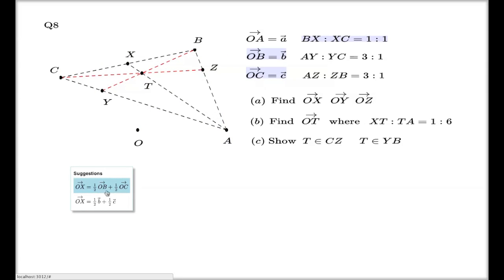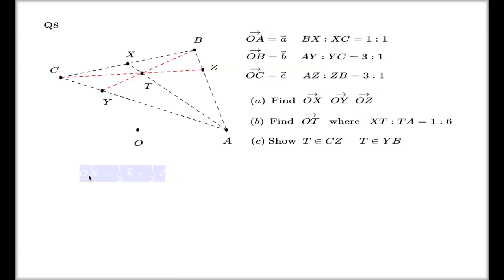Here it is. That's the relation, either in the longer form or in the shorter form we established in our subroutine. So OX, just by using the subroutine, is given by this. Remember, I call this convex combination.